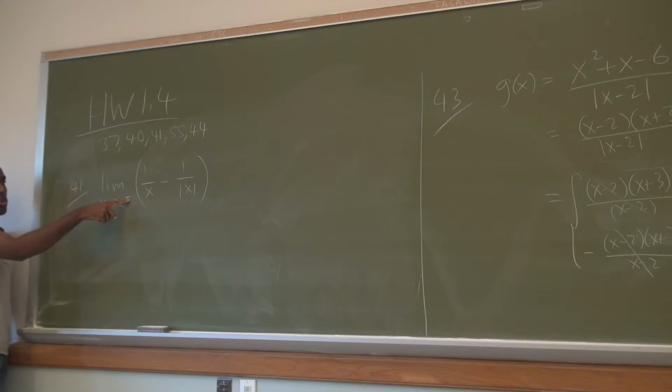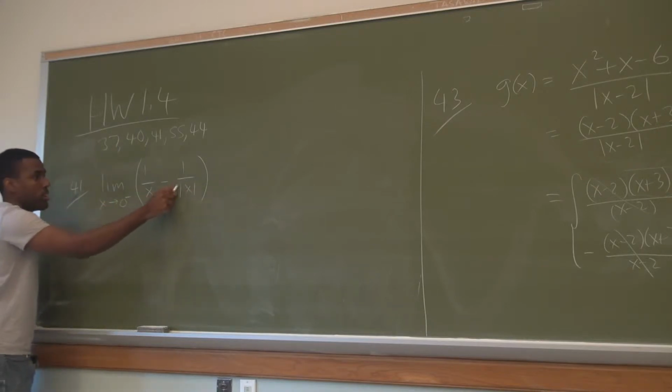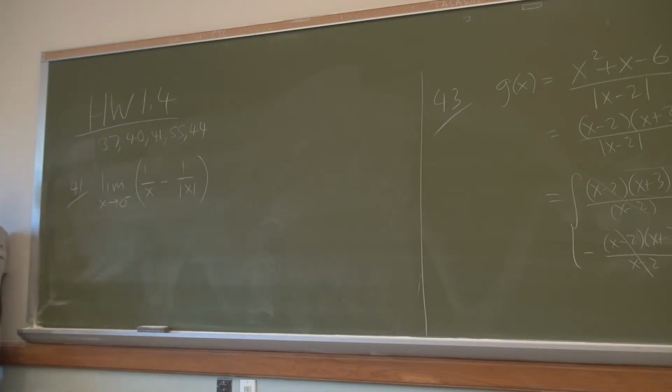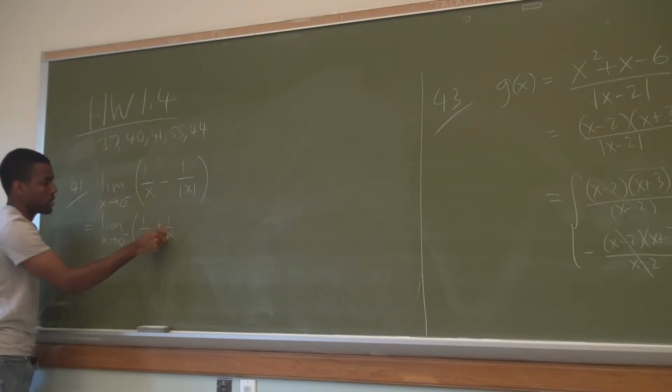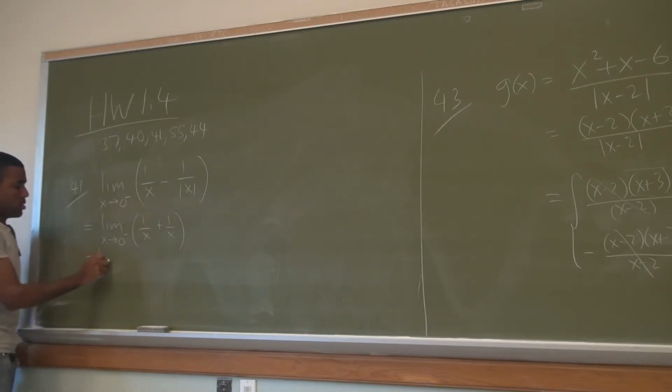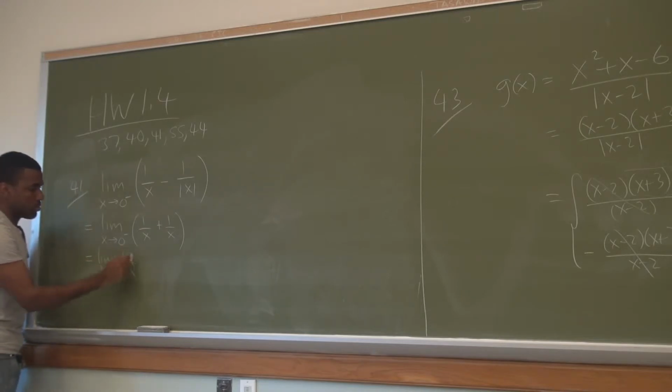Which means you're a little smaller than 0, which means absolute value of x gives you the value of minus x. So this is actually just the limit as x approaches 0 from the left of 1 over x plus 1 over x, which is 2 over x.